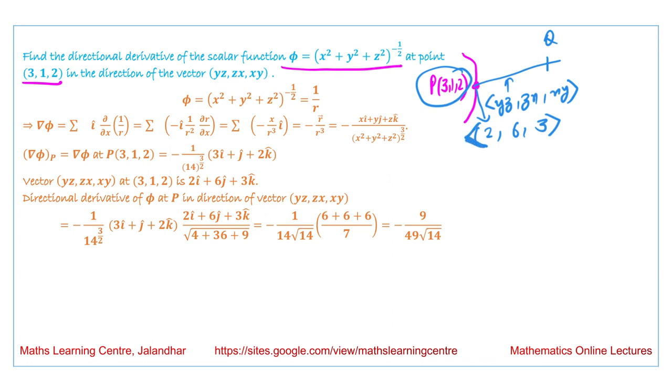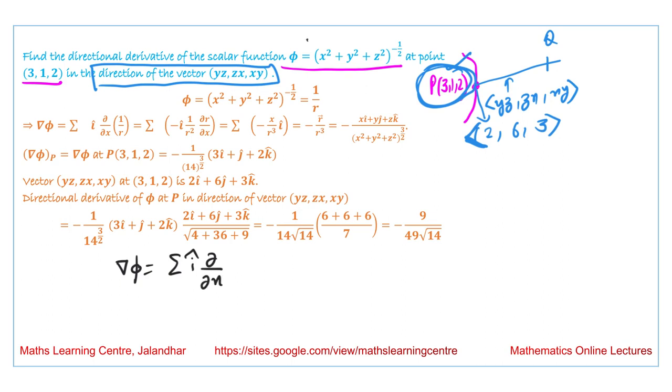So these are the direction ratios of this line PQ corresponding to this point, because this point P satisfies the values of these direction vectors. So we are going to calculate first the gradient of phi. That will be equal to sigma i cap curly del by curly del x of this value, which is basically 1 by r.